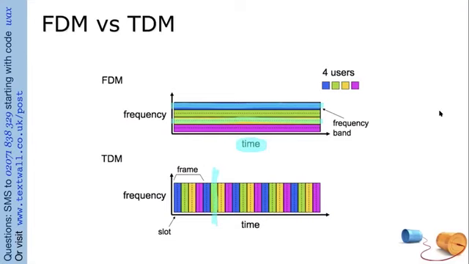And while the user is using that slot, they can use all the frequency. But that slot repeats. So it's that slot, then it's repeated here, then here, then here. So what we have is these frames. Each frame consists of slots, and each slot is allocated to a user.